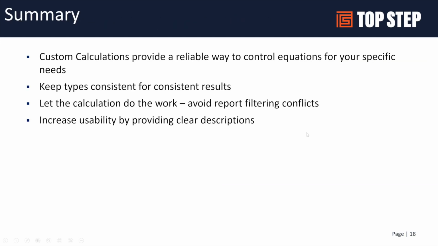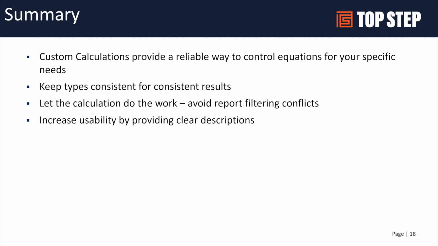So in summary, calculations can provide a really fun way to control the equations, customize your reporting to show the labels you're looking for, as well as getting the values you're looking to get. When you create these calcs, test them, make sure they're giving you consistent results. We talked about letting the calculation do the work, avoiding filtering.